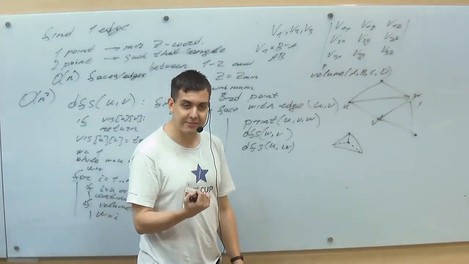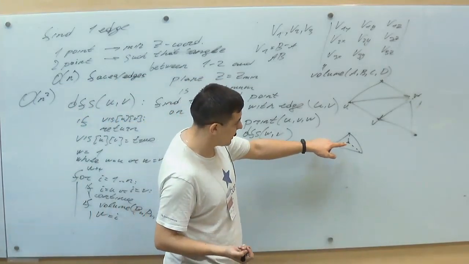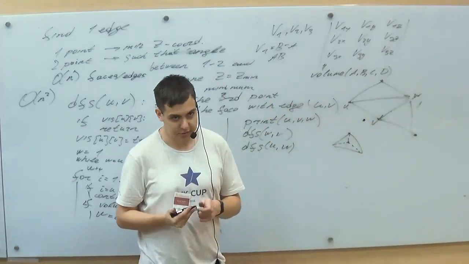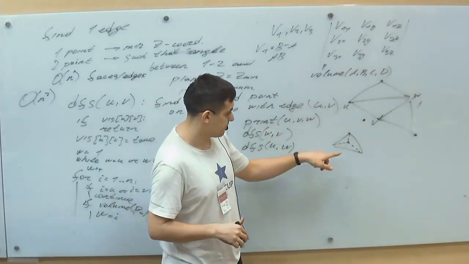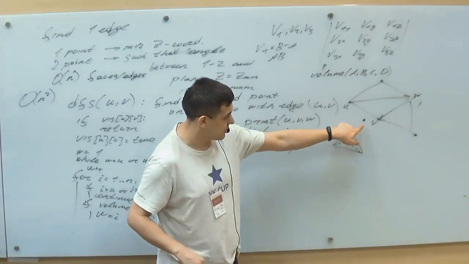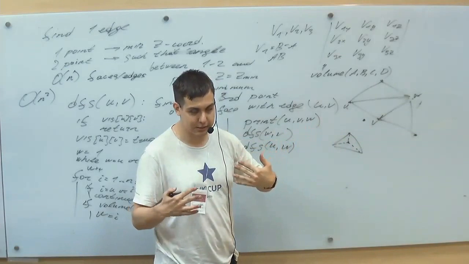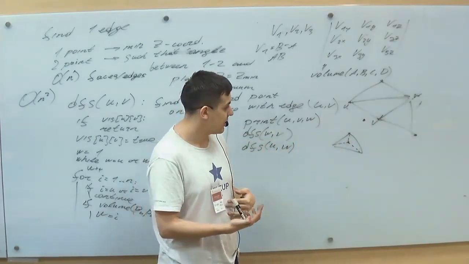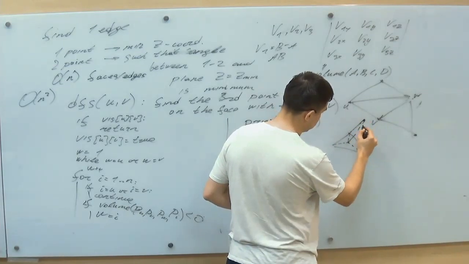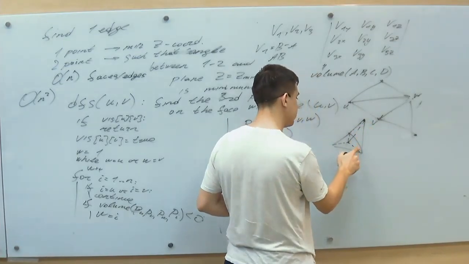Well, what are the bad faces? Well, the bad faces are those for which the new point lies on the wrong side. So, for example, for that back face, this point lies on the back side. So we need to remove that face and instead add these 3 faces.